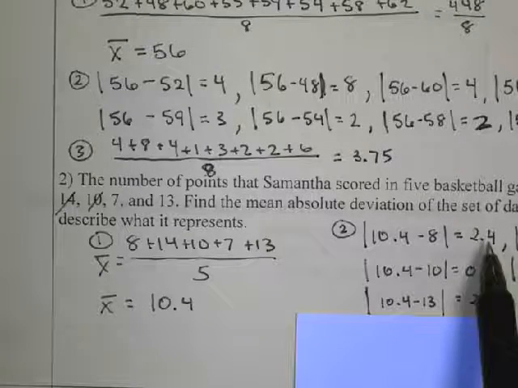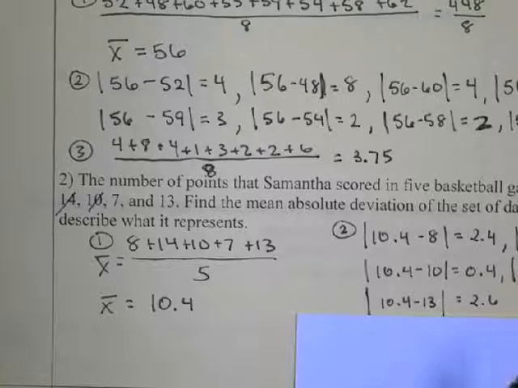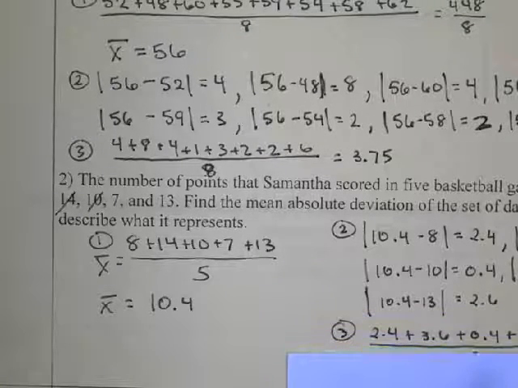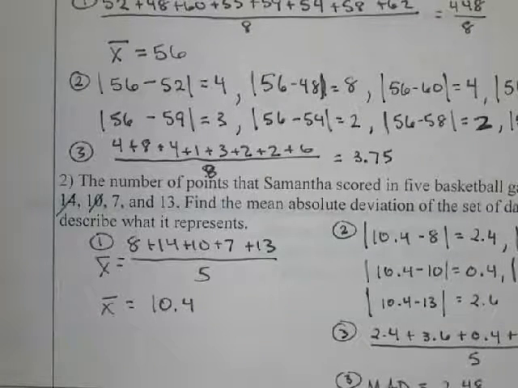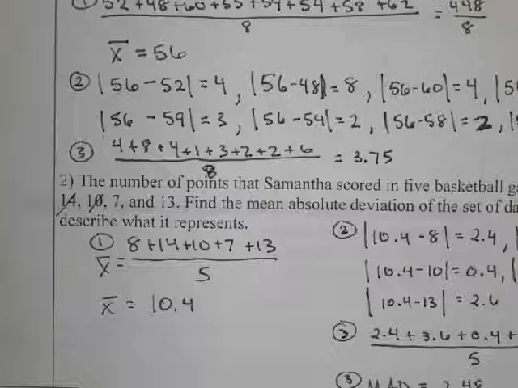Next, we just find the average of these 5 values. So we'll add them all up, divide by 5, and we get our mean absolute deviation of 2.48. And what this 2.48 is telling us is that on average, all of our values are 2.48 from our middle value, from our mean value, 10.4. And that is how we can find the mean absolute deviation, one of our summary statistics.